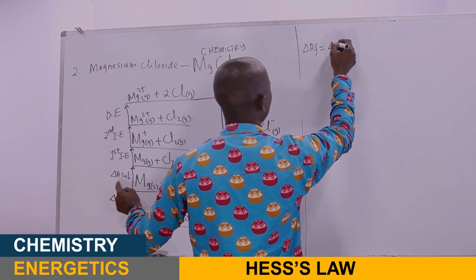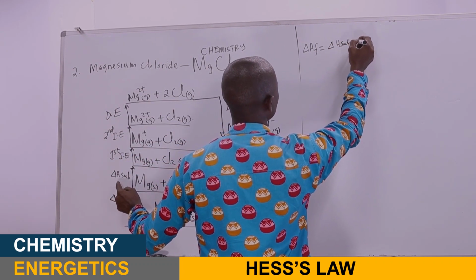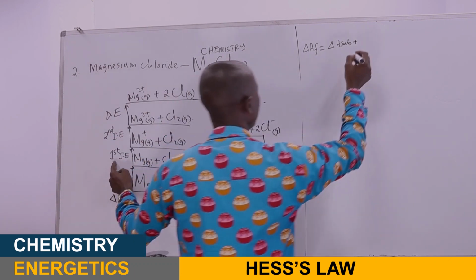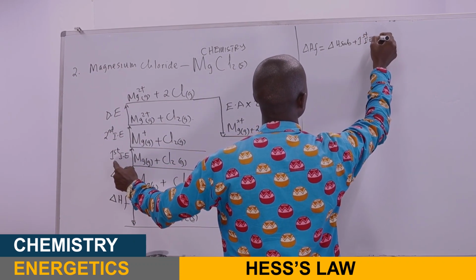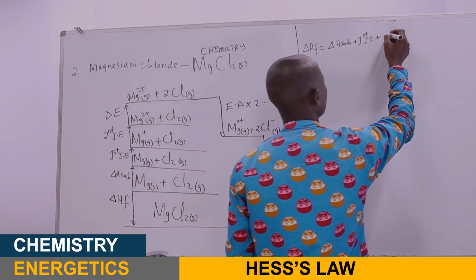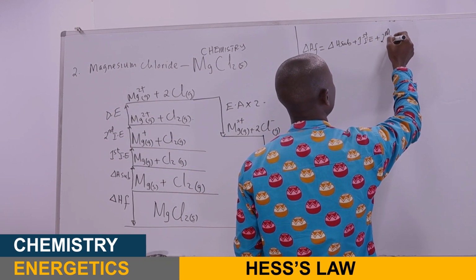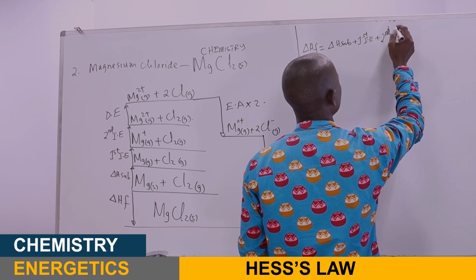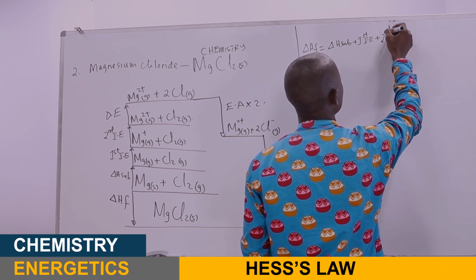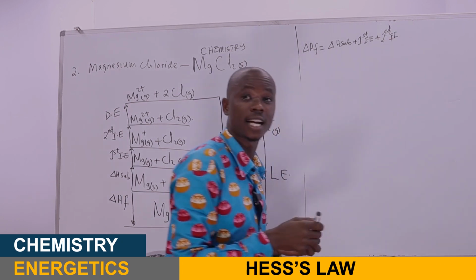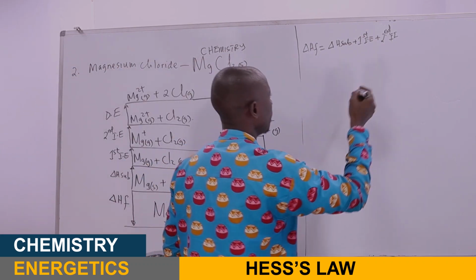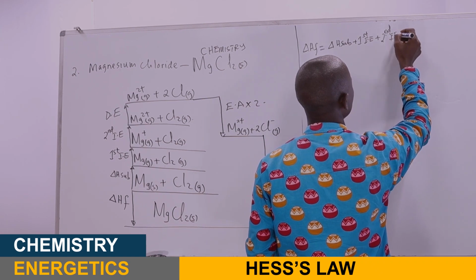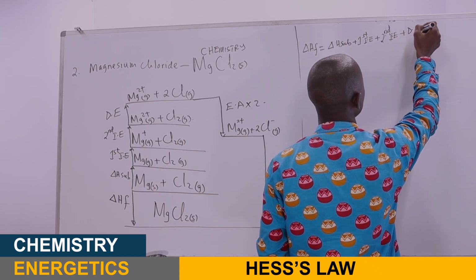We have enthalpy of sublimation plus, we got the second one, first ionization energy. We go to the second one, second ionization energy. We go to the third one, dissociation energy.